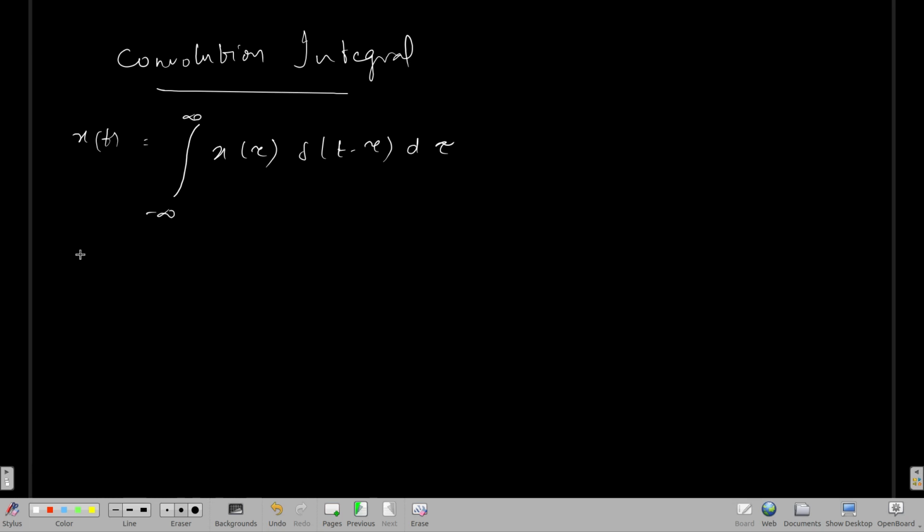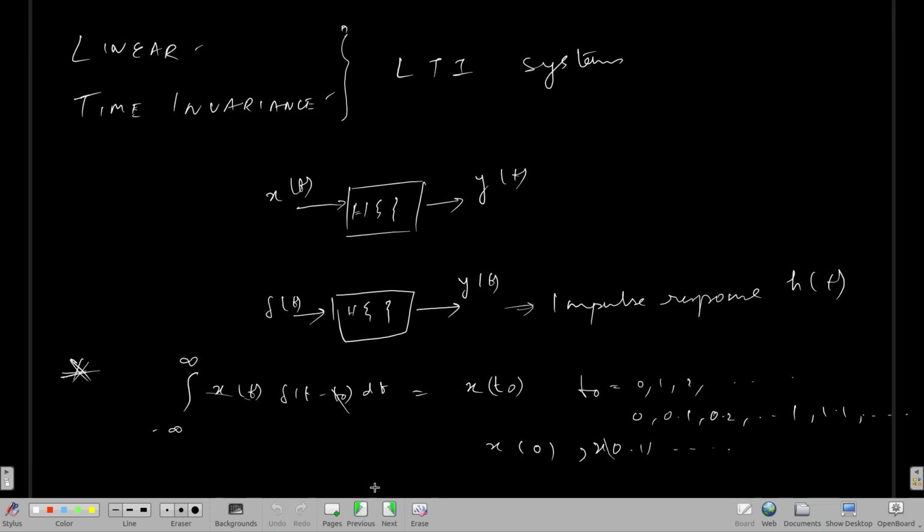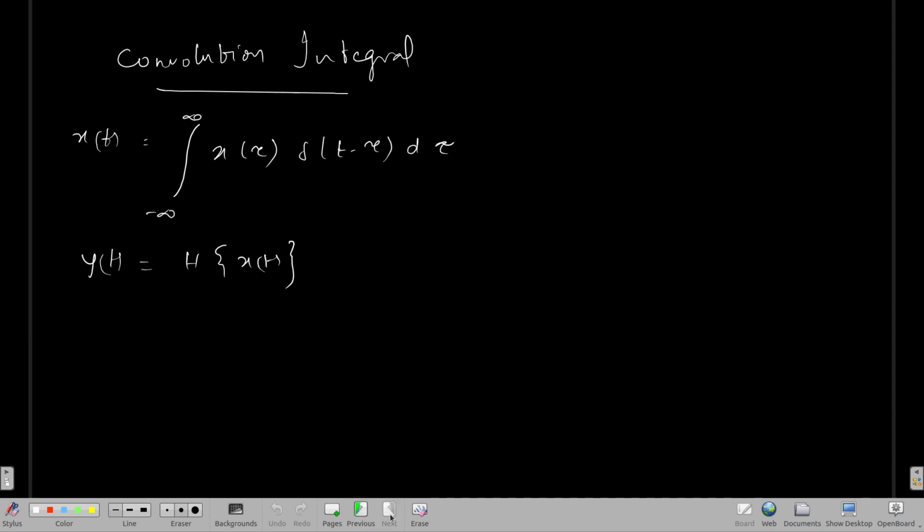Now using this definition I am going to write what y of t is. y of t is H of x of t, which we have already established from the definition of a system. Now I am giving it the integral from minus infinity to infinity of x of tau delta of t minus tau d tau.